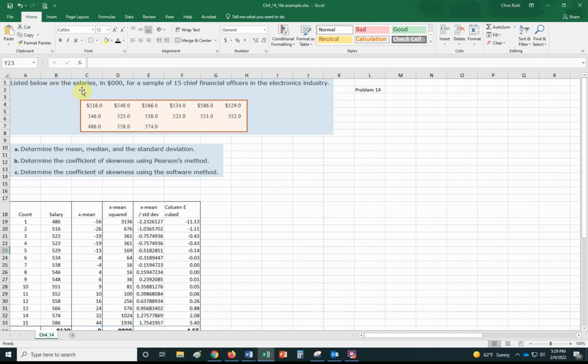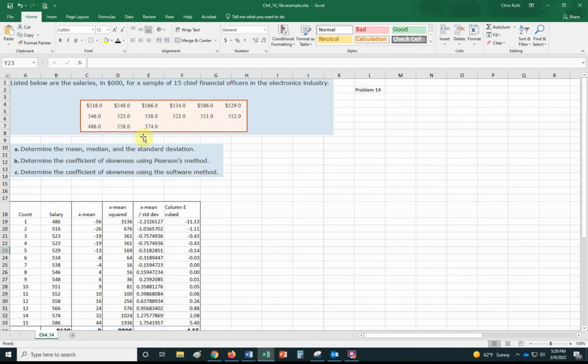It says listed below are salaries in thousands for a sample of 15 CFOs in the electronics industry. So here are the salaries. It says to determine the mean, median, and standard deviation, the coefficient of skewness using Pearson's method, and determination of the coefficient of skewness using software method.